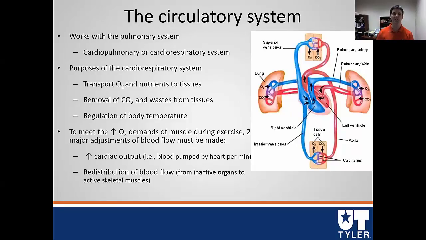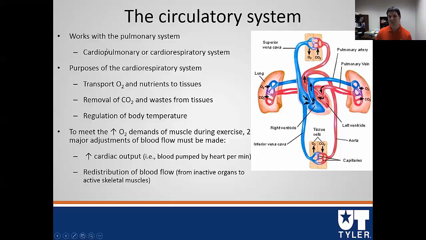So what is the circulatory system? The circulatory system works hand in hand with the pulmonary system in order to deliver oxygen and blood to skeletal muscles. So therefore, it's very, very common for the circulatory system to be linked in the cardiorespiratory, or call it the cardiopulmonary system.